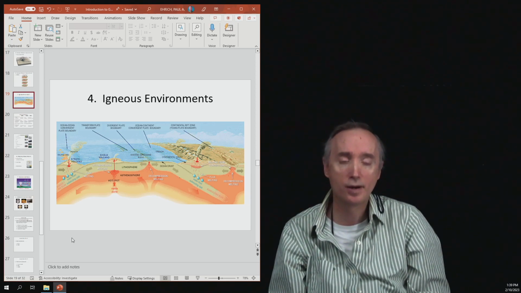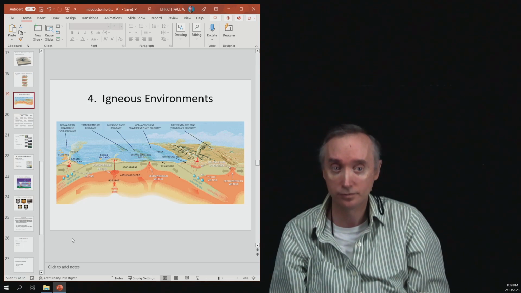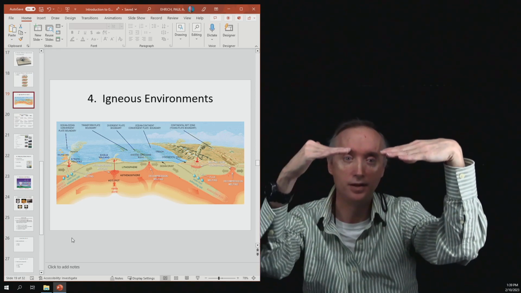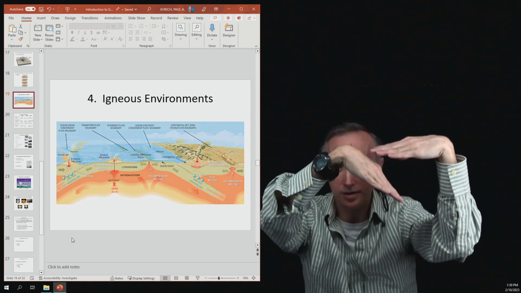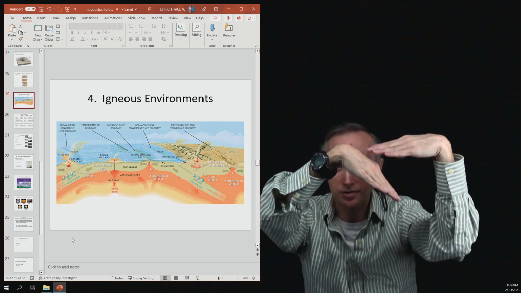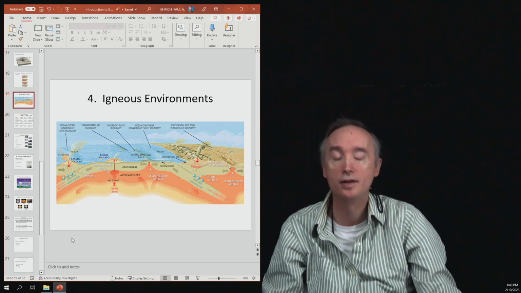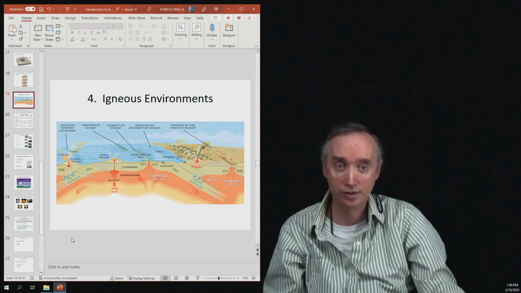Okay, now let's talk about what happens when an ocean collides with a continent. So the continent pretty much stays horizontal. The ocean plate is going to go underneath it because it's more dense. It's going to start to melt, and parts of it are going to come back up to the surface. And then this time we're going to have continental volcanism.